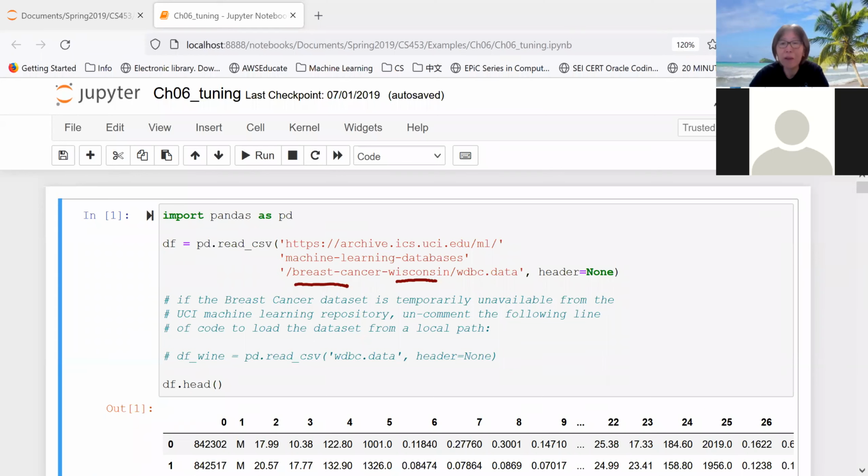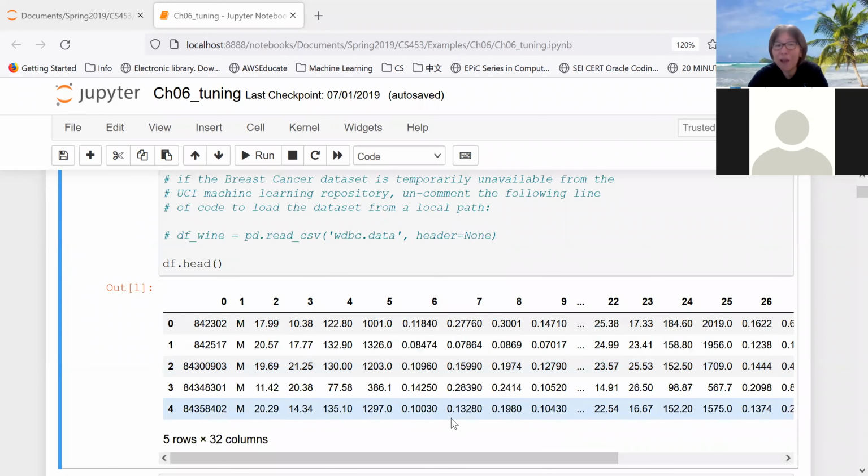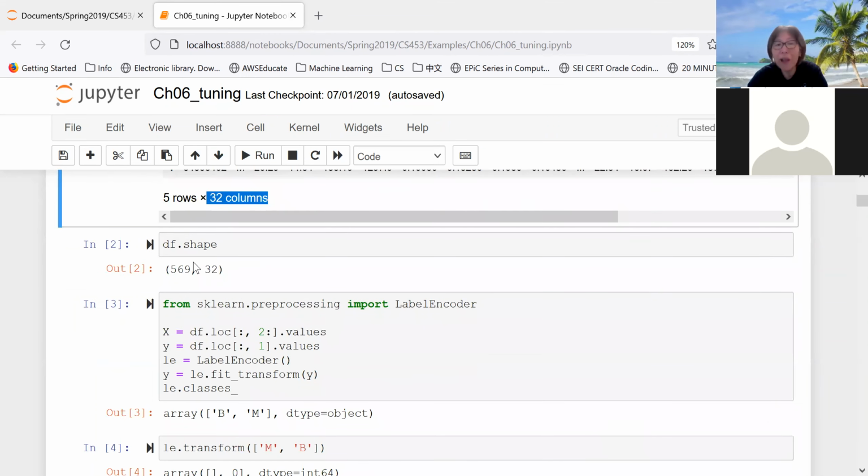Here we have a glimpse of what the data set looks like. There are about 32 columns. If we exclude the second one, which is the classification, there are probably around 30 features. The total number of records is around 569.